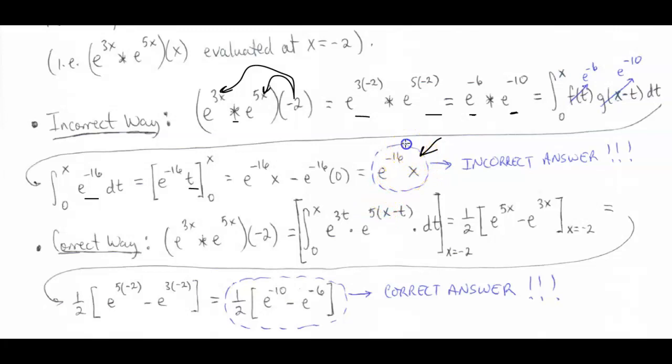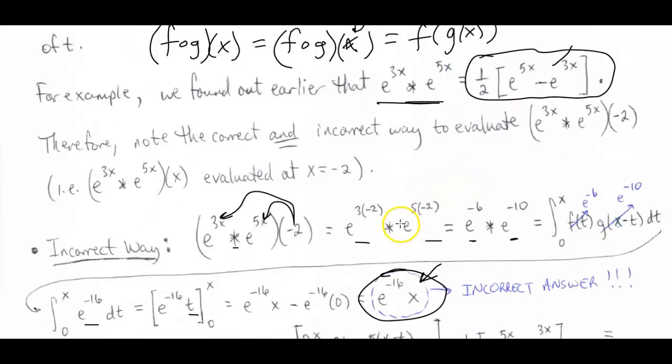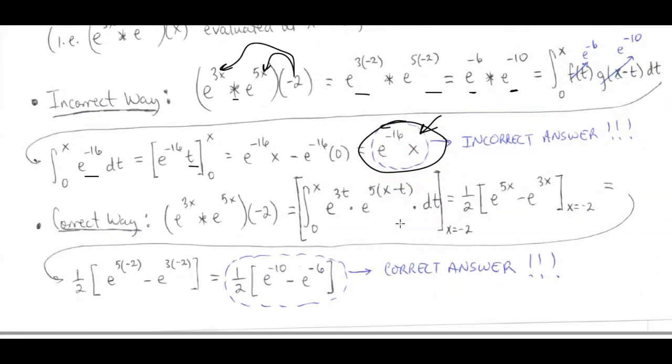Notice that this form does not mimic the form that we had here in any shape, form, or fashion. So that's another reason why we know it's not correct. Okay. But if we do it the correct way, then we actually have to figure out what all this is first, which means we have to do the integration here. And we've already figured out what that is.